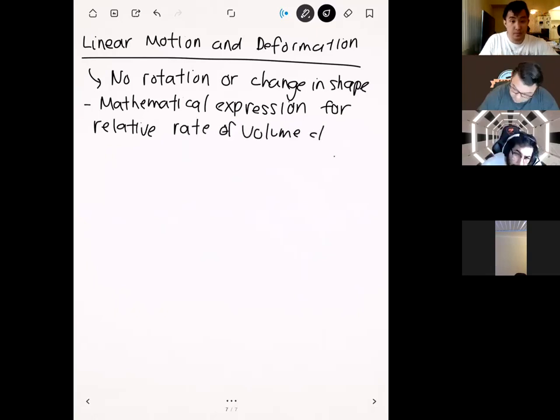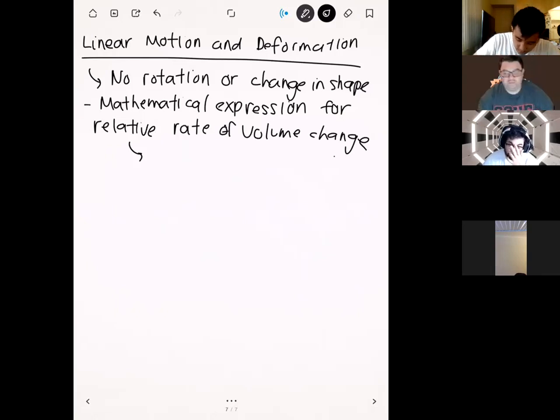And so the mathematical form of this, everyone teaches 308 a little bit differently, but you might have heard this operator called the divergence. Okay. And so mathematically it looks like this.